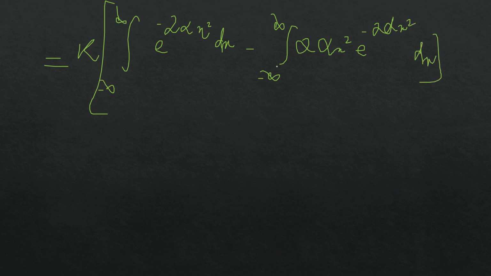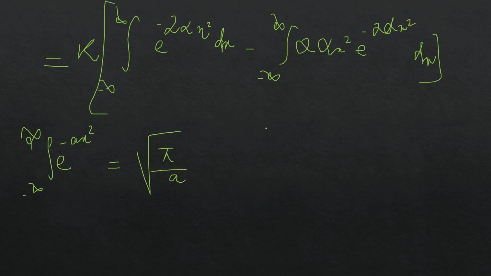Okay, so now what formula will I use? Minus infinity to infinity e to the power minus a x square is equal to root over pi by a. Okay, this is the formula. And minus infinity to infinity x to the power m into e to the power minus alpha x to the power n dx.